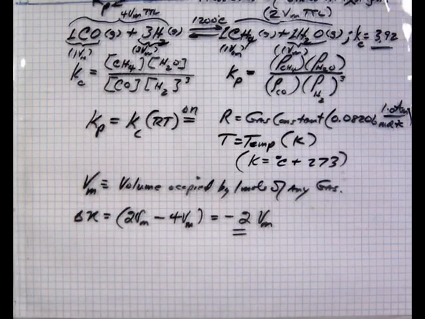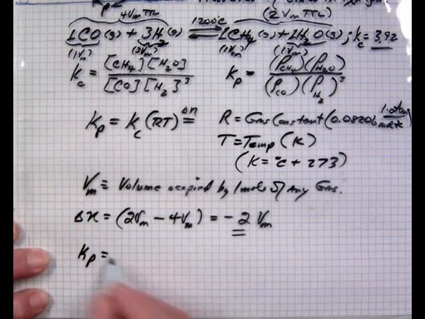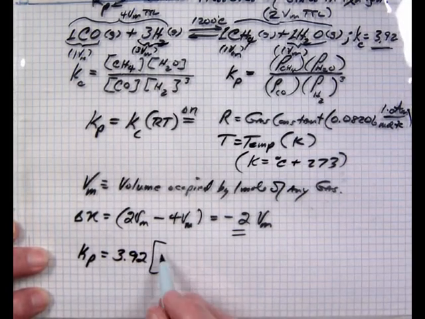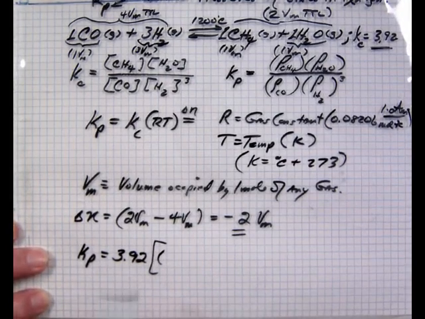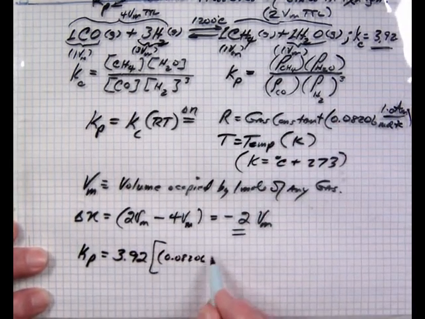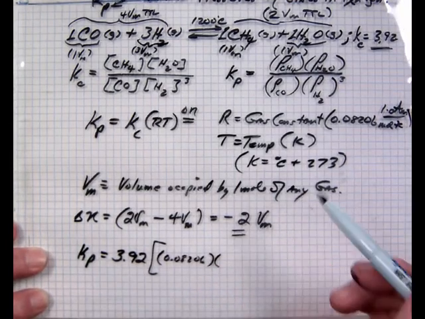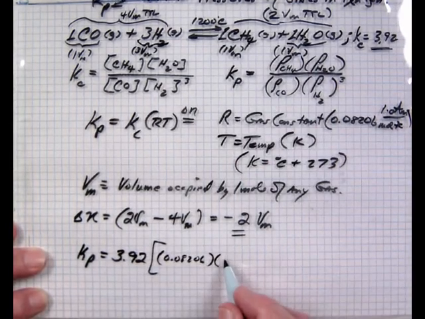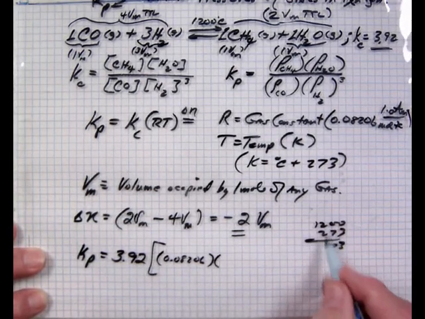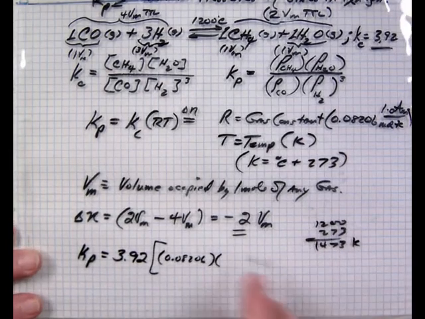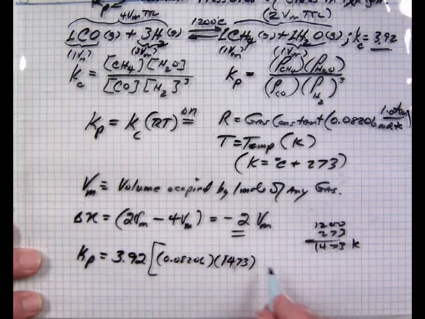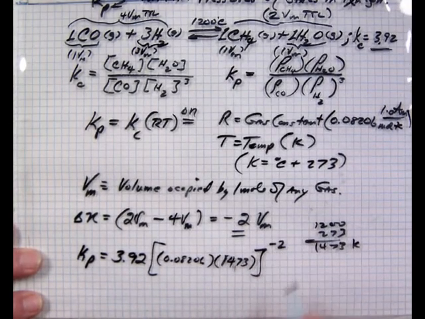So for this particular problem, we can now calculate Kp, which is Kc, 3.92, times, and I always tell people to do this in parentheses and brackets first, R, 0.08206, and the temperature, 1200 degrees, so that's 1473 Kelvin, raised to the power of minus 2.